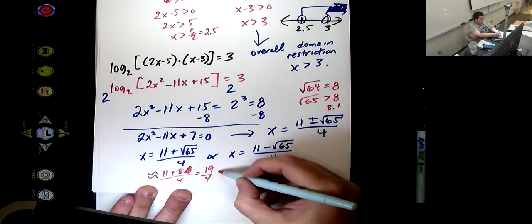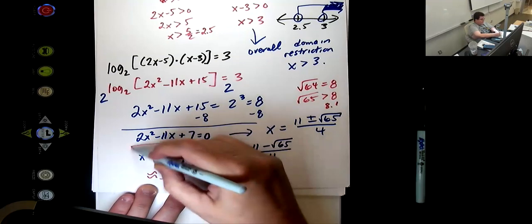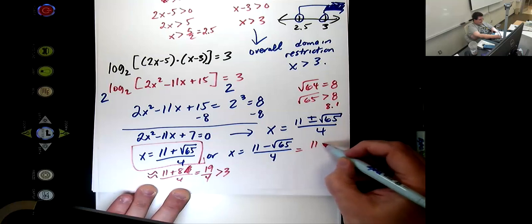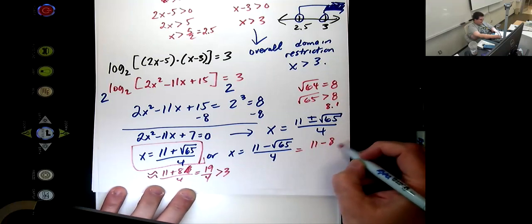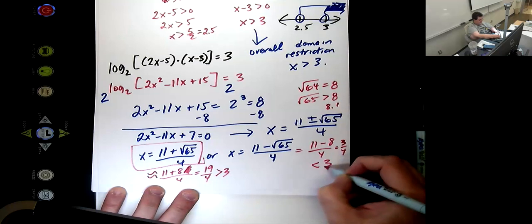19 over 4 is greater than 3. So this one works. If I do that here, 11 minus a little bit higher than 8, I'm going to get about 3 over 4, and that is less than 3.